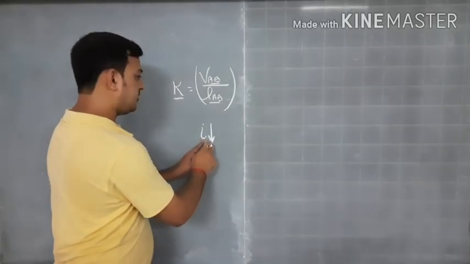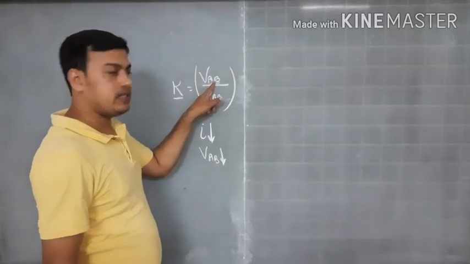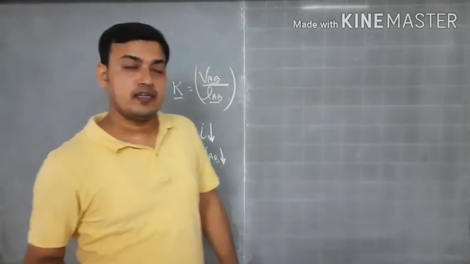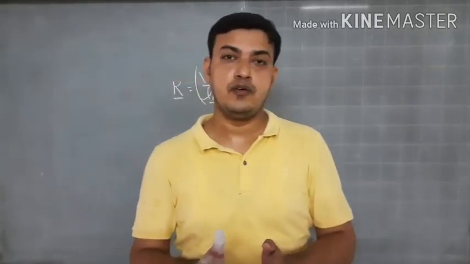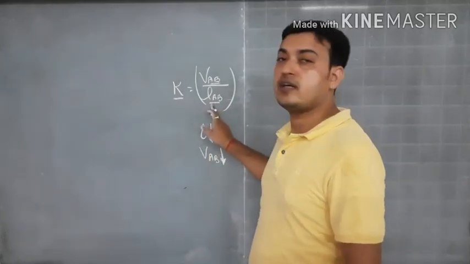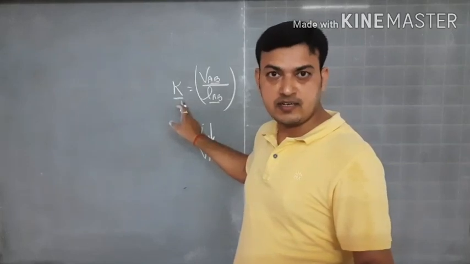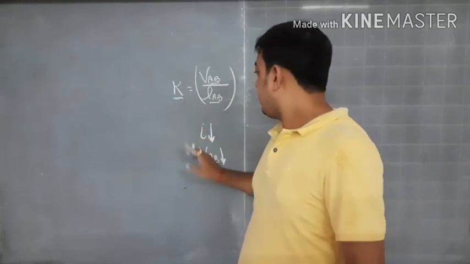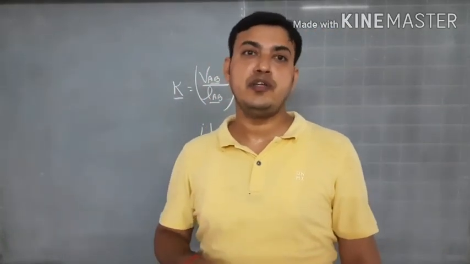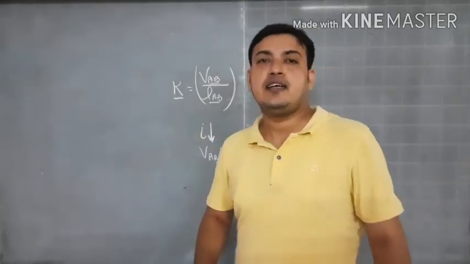If you decrease the current, the voltage drop across the wire will decrease, which decreases the potential gradient and the sensitivity will increase. So if you have constant current, you have to increase the length of the potentiometer to increase the sensitivity, and if you have a fixed length potentiometer, then you need to decrease the current in the circuit.